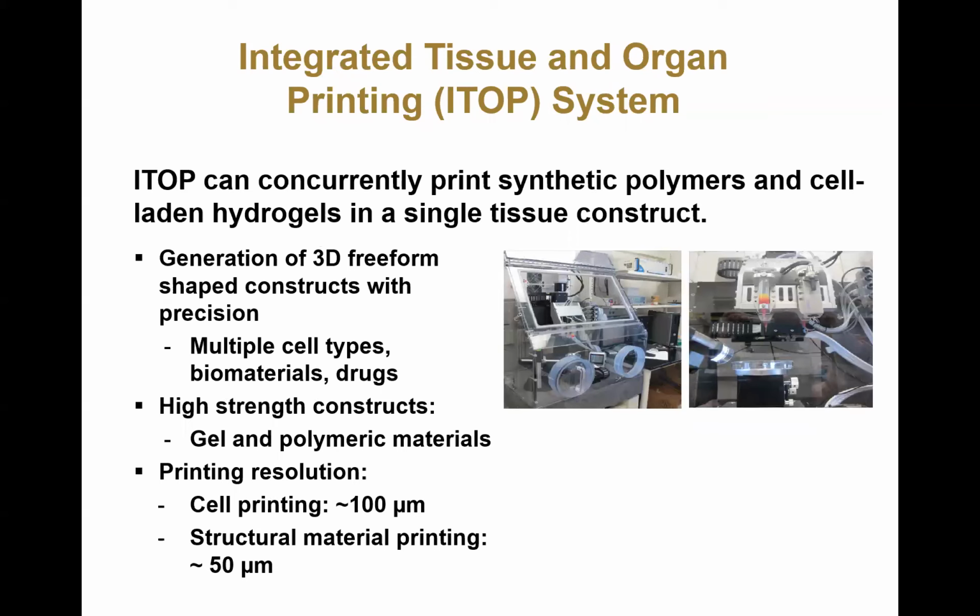This slide shows a picture of the iTop system, and we can use many different cell types and biomaterials, as well as drugs, growth factors, can all be bioprinted using the iTop system.